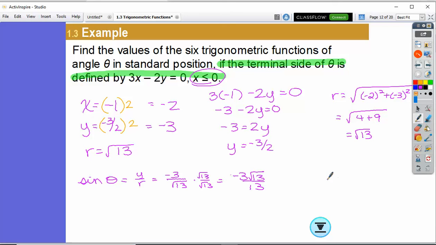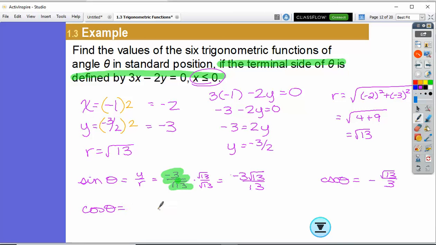What's the reciprocal of sine? Cosecant. So cosecant we would just flip. Would you want to flip the final answer or before we move the radical? Yeah. If we just flip that one, we get a negative radical 13 over 3.